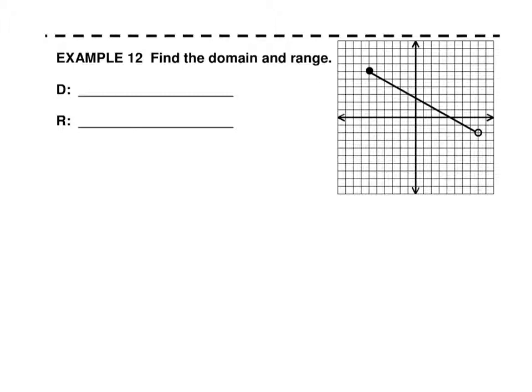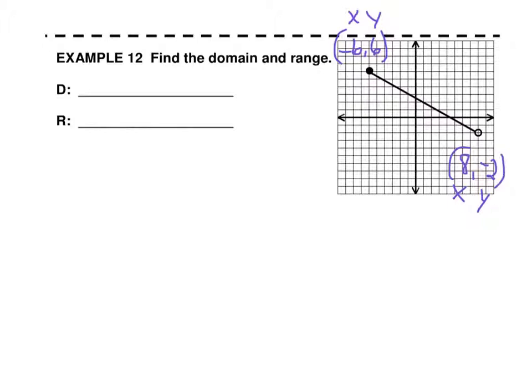We want to find the domain and the range. I need you to graph this line segment, noticing that it has a closed end and an open end. Okay, so the point on the left is negative 6, 6. That's your x, that's your y. And this point is 8, negative 2. That's your x and that's your y.